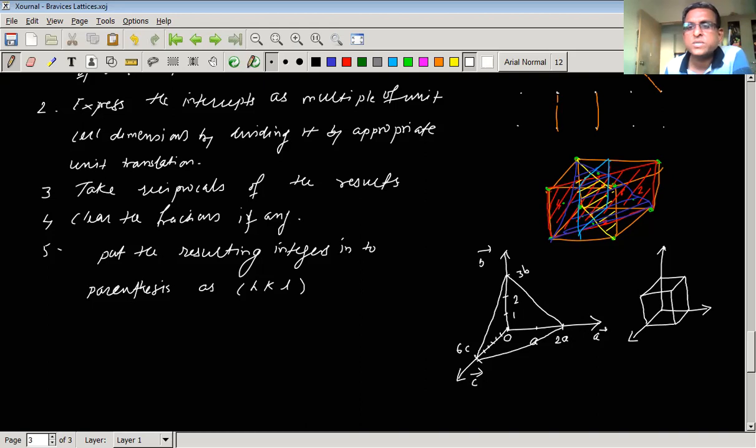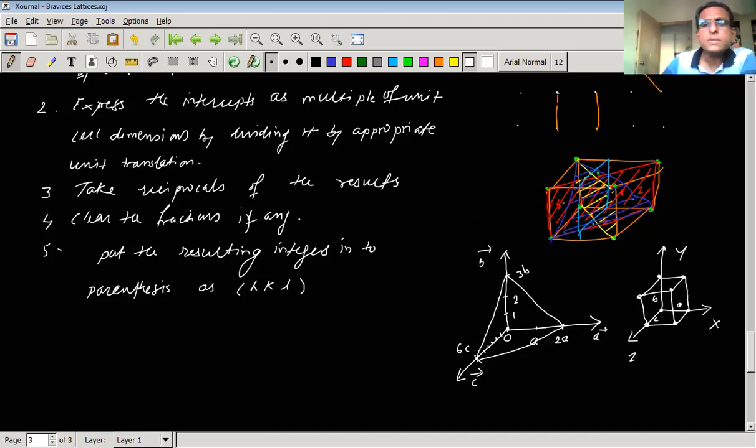So this is, suppose, the unit cell, and the XYZ coordinates coincide with the fundamental translation vectors A, B, C. For example, this is vector A, this is vector B, this is C, X, Y, and Z. While drawing, I have drawn a cubic unit cell, but the example we have taken here is somewhat different. It has different fundamental translation vectors, different lengths.